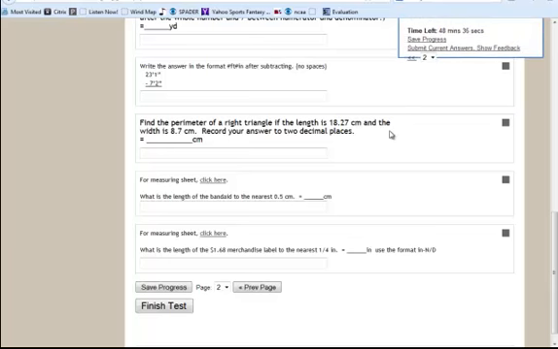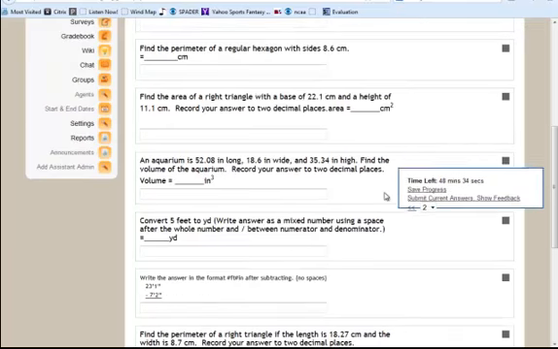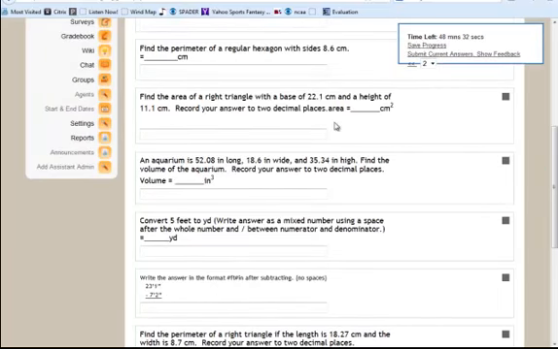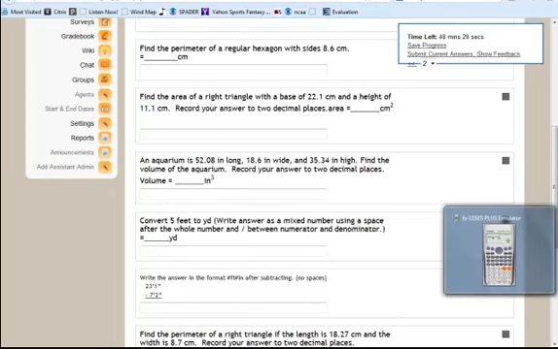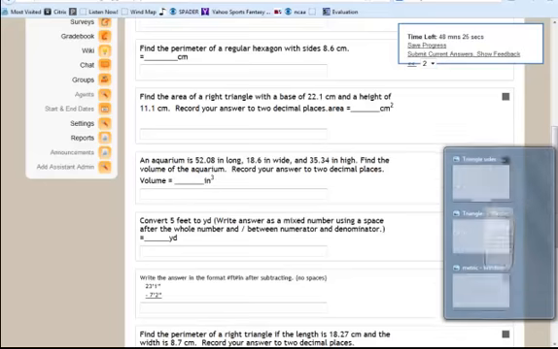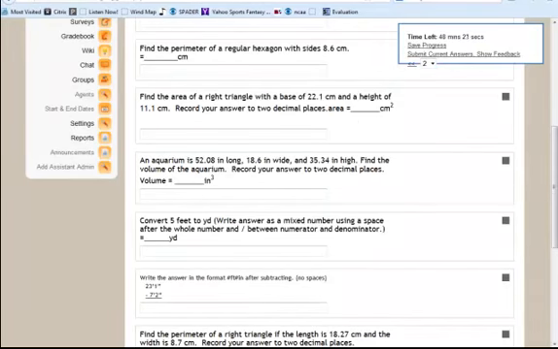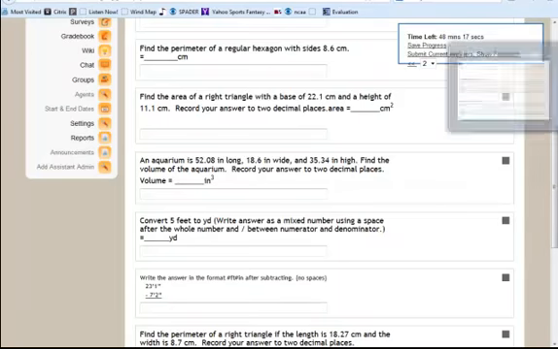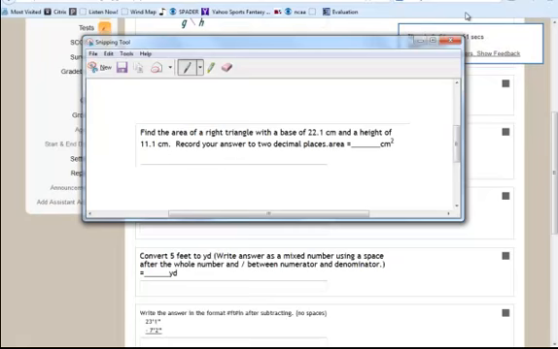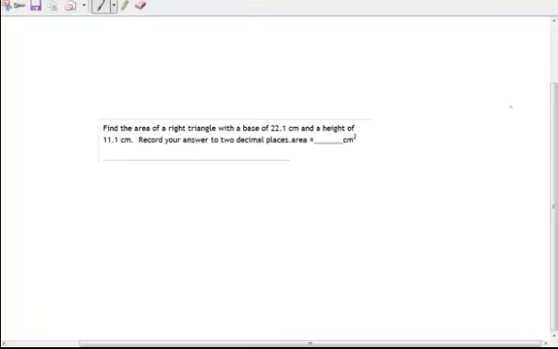Find the perimeter. Oh, I'm sorry, we did this one wrong up here. Let's look at this one here. Find the area of a right triangle. So we've got to draw the right triangle. Find out how long that third side of the triangle is.